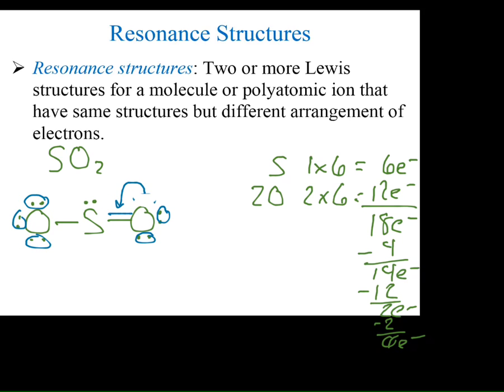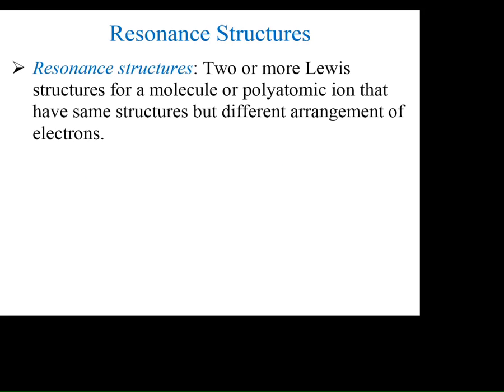Now, however, you might have noticed, let me do a little erasing real quick here. We had two options on that. Once I had the sulfur here, let me draw this real quick again. I could have taken a lone pair off the right oxygen or off the left oxygen. I could have done it off either oxygen.